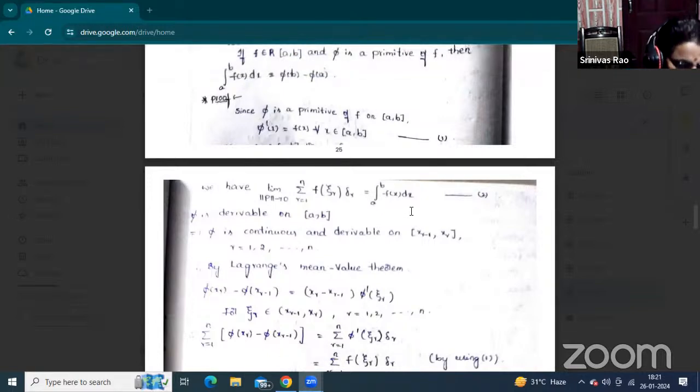Simply, integral a to b f(x) dx is the Riemann integral through the limit as norm P tends to 0 of the summation f(zeta_r) delta_r, where delta_r means the length of the subinterval. Zeta_r lies in the subinterval, the closed interval [x_{r-1}, x_r].